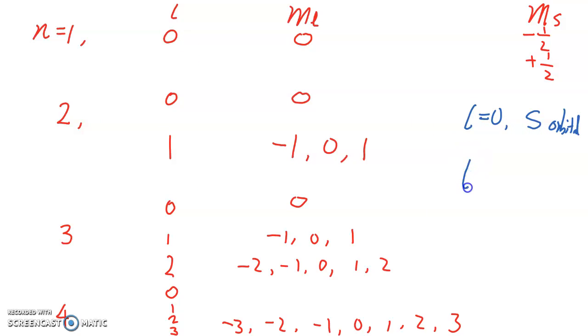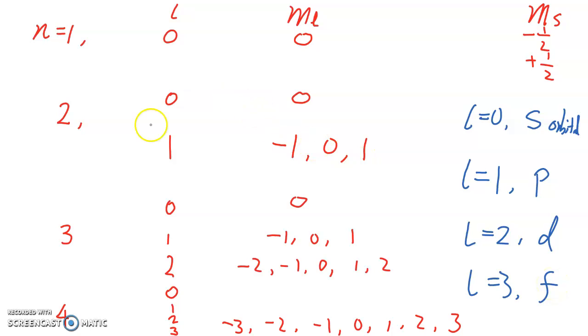When L is equal to 1, we call that a p orbital. When L is equal to 2, we call that a d orbital. When L is equal to 3, we call that an f orbital.